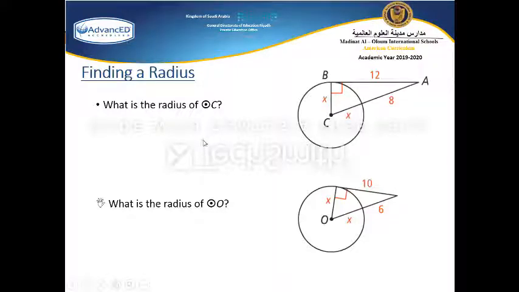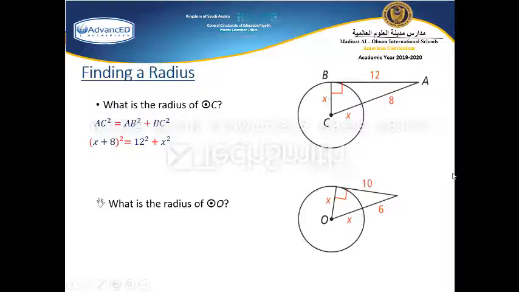Then by applying this theorem we will get that AC squared, the hypotenuse, equals the sum of the squares of the other two legs, AB squared plus BC squared. By making a substitution, instead of AC we will put x plus 8, instead of AB we will put 12, and instead of BC we will put x.